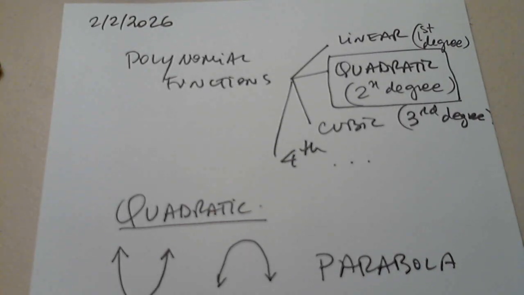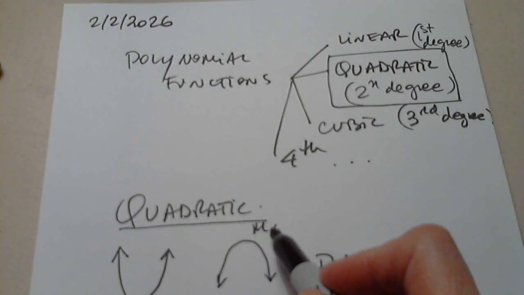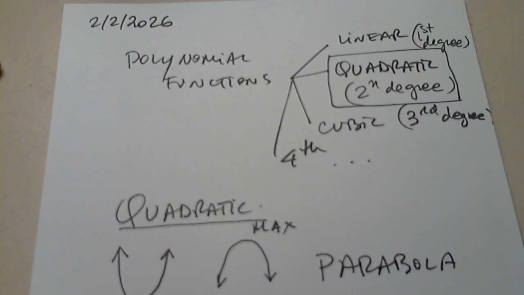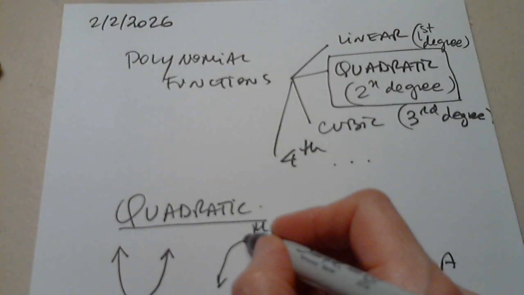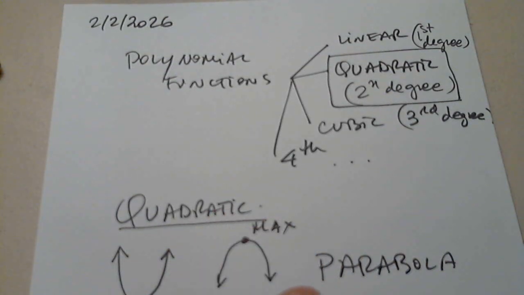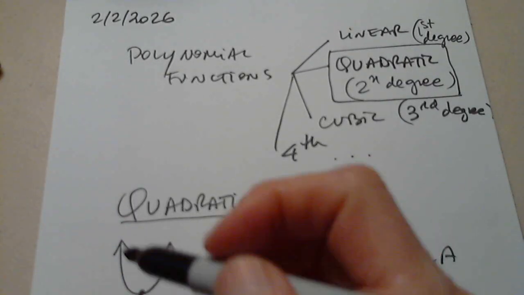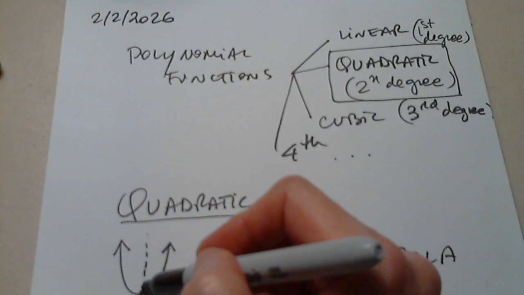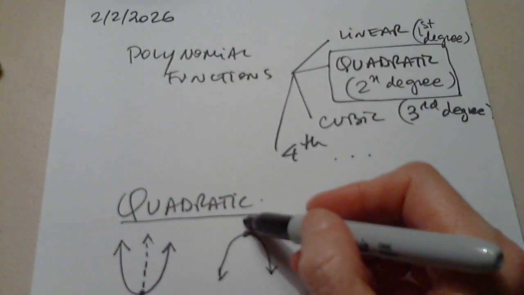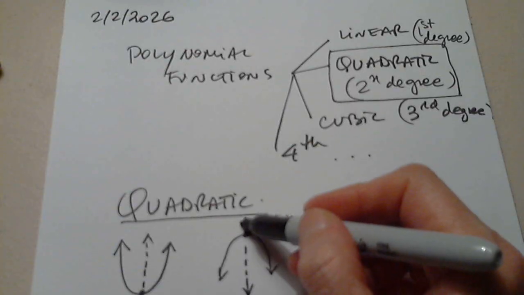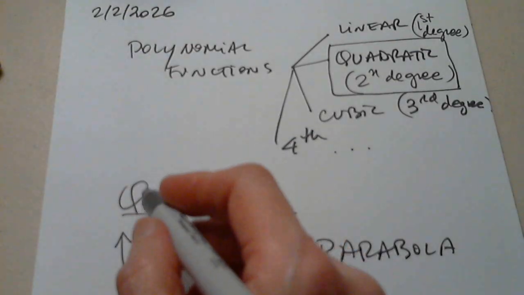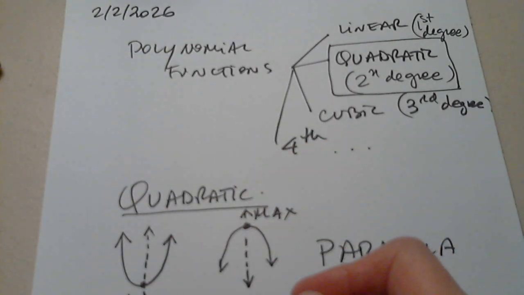It either has a minimum or a maximum, but it cannot have both. Either one is called the vertex. The vertex is a minimum here, and a maximum here. The quadratic function is symmetric. It has an axis of symmetry, which is a vertical line passing through the vertex.